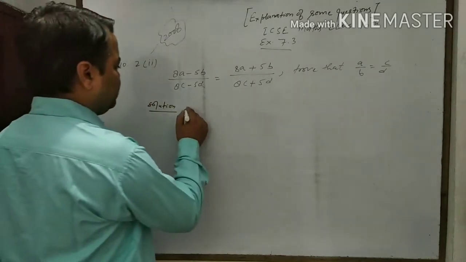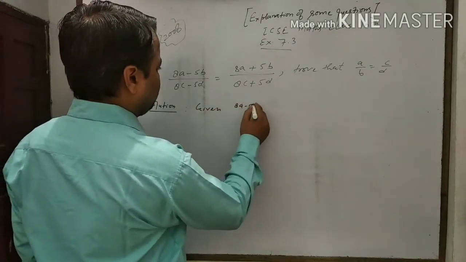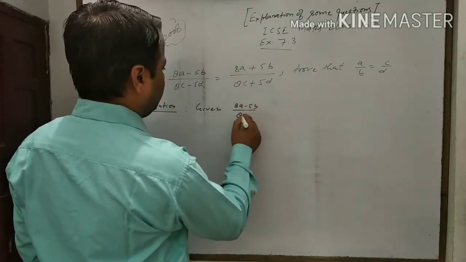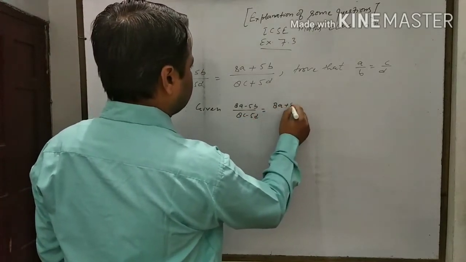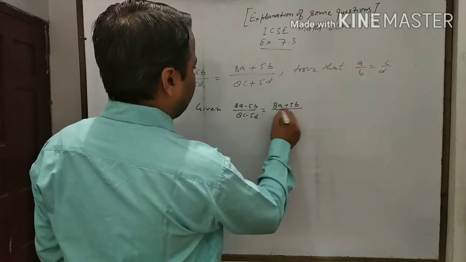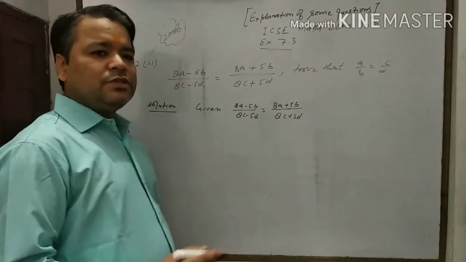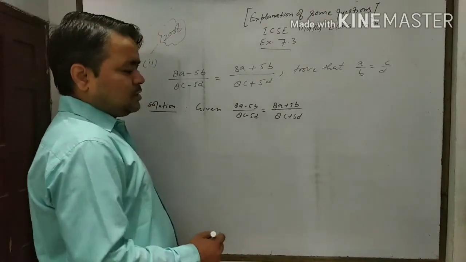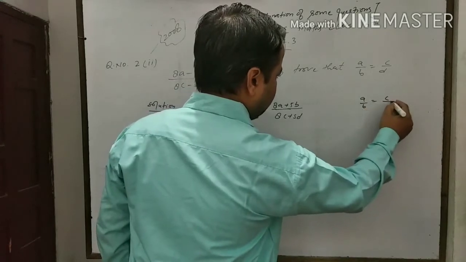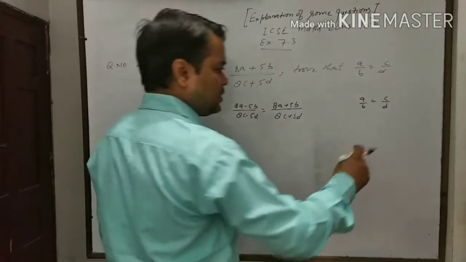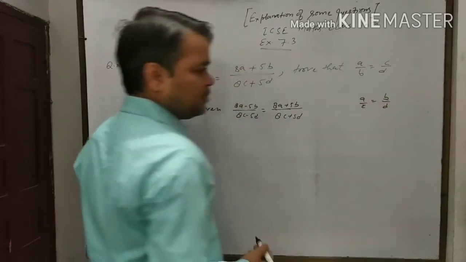Here given (8a minus 5b) upon (8c minus 5d) is equal to (8a plus 5b) upon (8c plus 5d). Now we use the concept of alternando. If a by b is equal to c by d, then according to alternando, the c will be here and the b will be at this place.